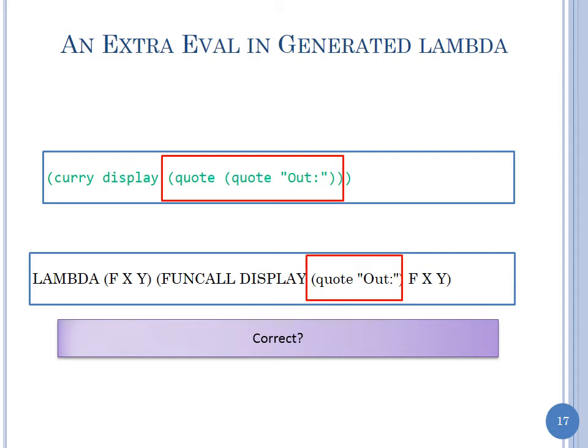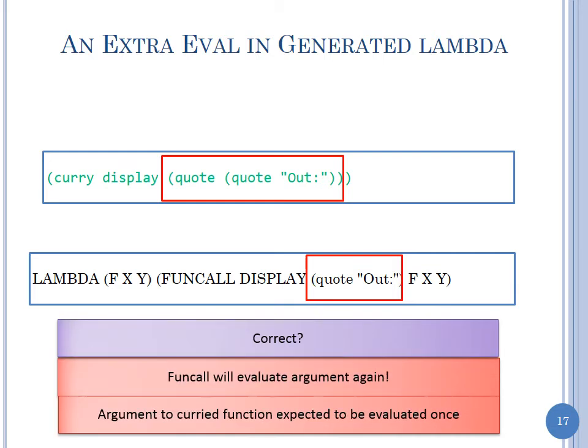Whereas the intent was that the value we supplied when we did the currying should be the one that is used as the argument. We don't really expect another evaluation. That's what we assume the intention is: I'm evaluating the argument, and it's that evaluated argument that is passed to the function, not another evaluation of that argument.